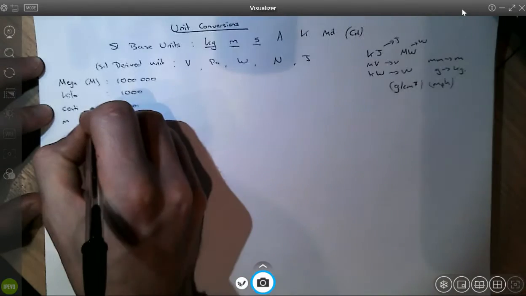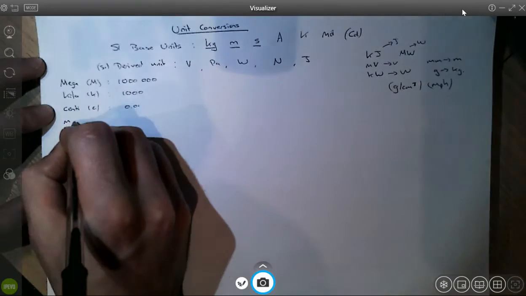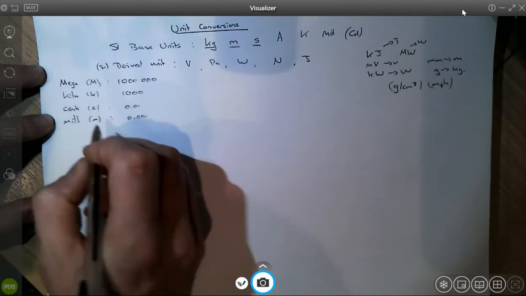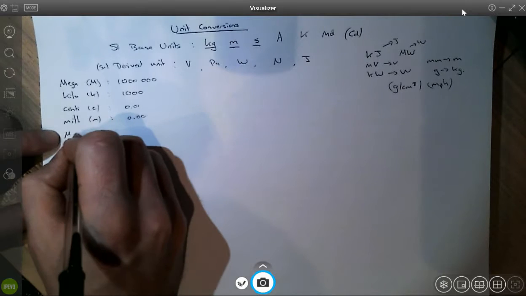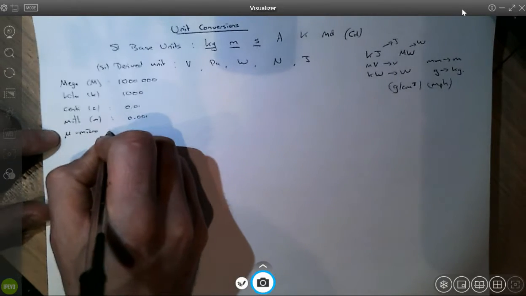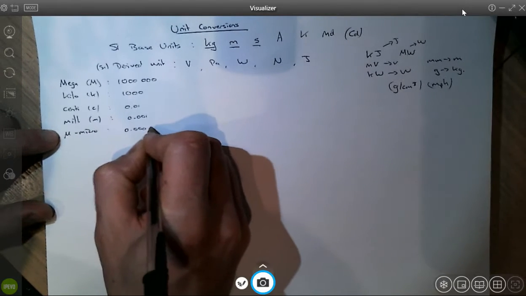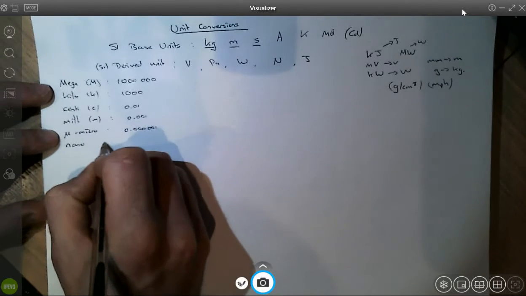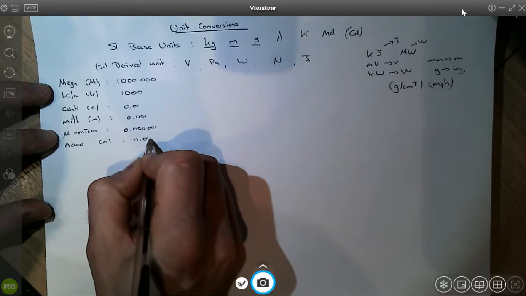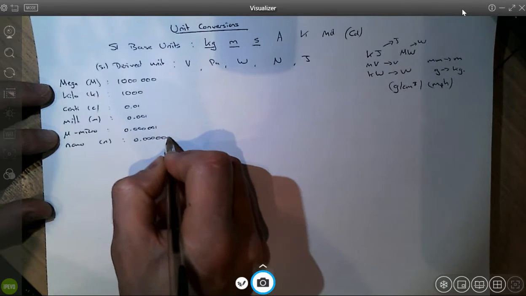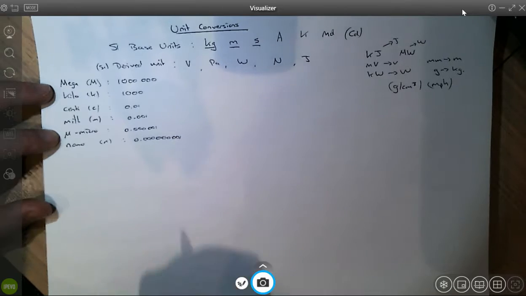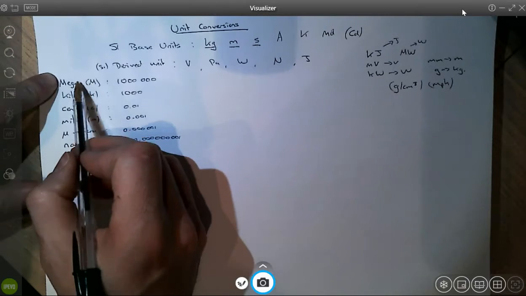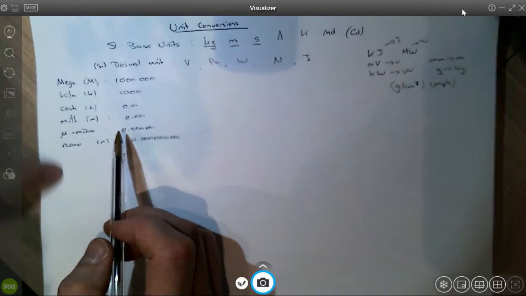They need to learn milli, which is 1,000th, and they need to learn micro, which is 1,000,000th, and then nano is also quite useful as well, which is 1,000,000,000th. Now, it could be the case that giga comes up, but it's unlikely. These are the most frequent ones at GCSE.